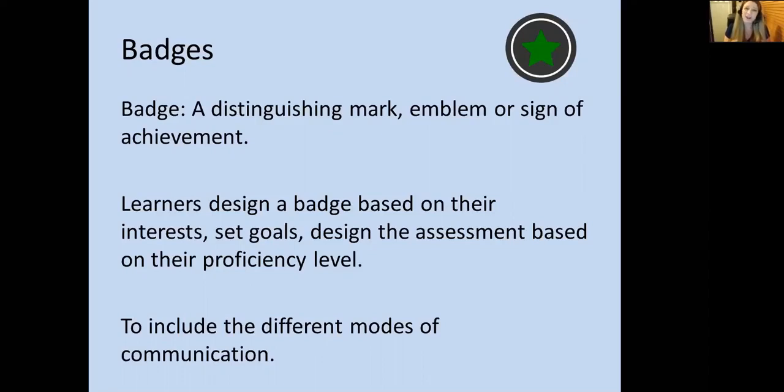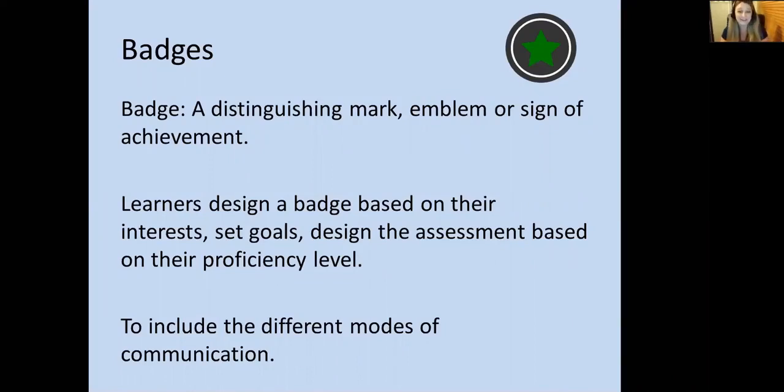Now, what if we created a badge? What if a student had a certain interest, and it wouldn't be so off the wall that they actually went into a career path that included their personal interest and the language they were learning? So the idea is that the learners design a badge based on their interests. They set the goals.